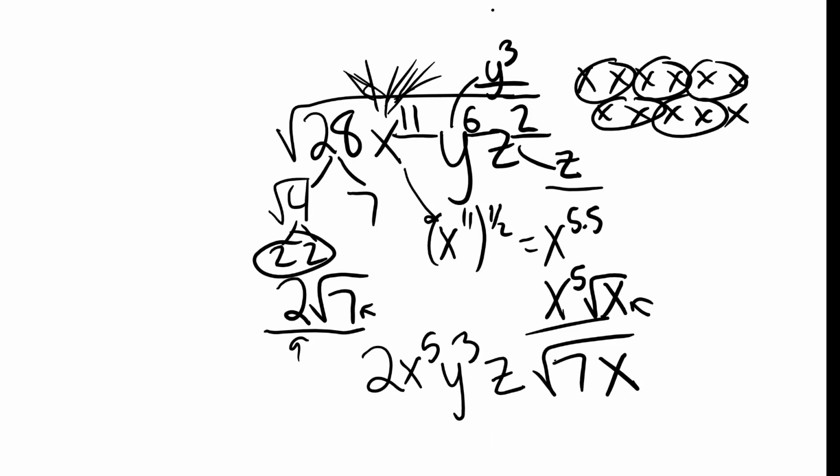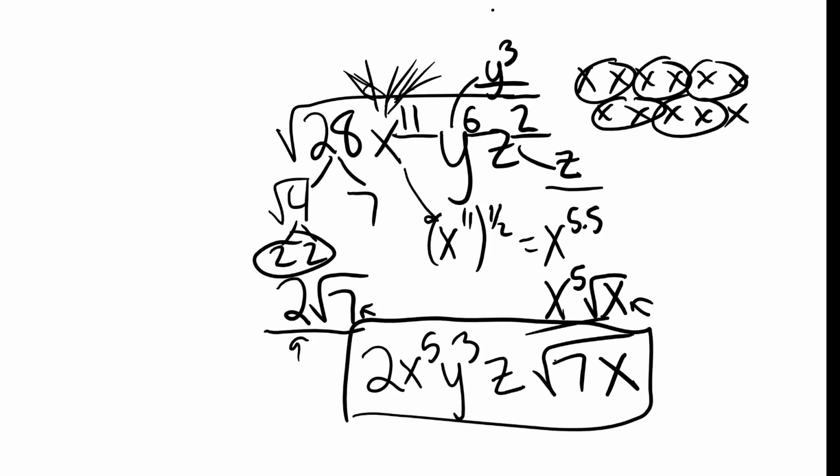Now, just a real quick prepare-you-for-the-future thing. So that was our final answer for that one. What if we take a fifth root of something like 2x to the 7th, y to the 10th? Turns out this isn't a ton harder than before.